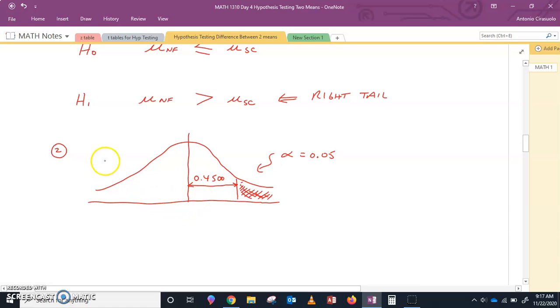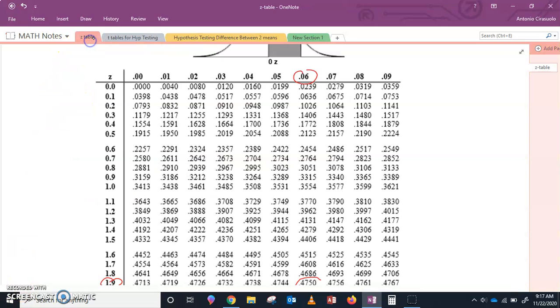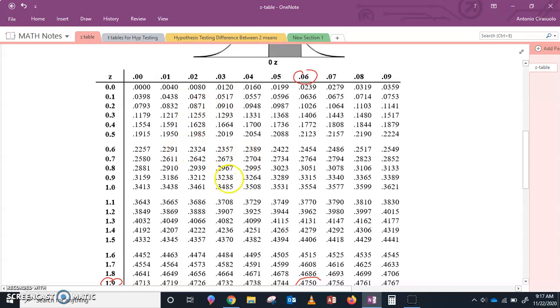0.4500. And once again, let's go take a look at the z-table to figure out what the value is. So 0.4500 is in between these two, and I'm going to go with the larger of the two values.